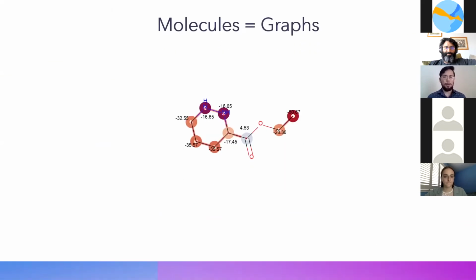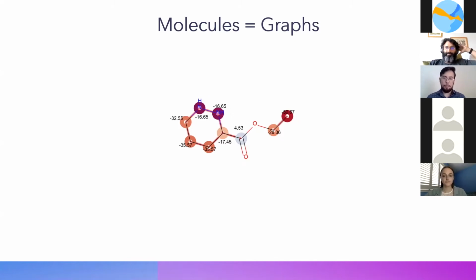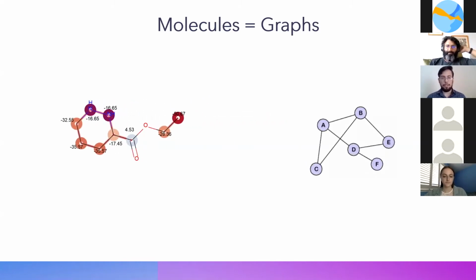And before I go on with this, I want to point out this important idea in biology and computational biology that molecules are graphs. Here you have a molecule. You have atoms and bonds. But if you think about this, you can define this as a mathematical object called a graph that has nodes and edges.